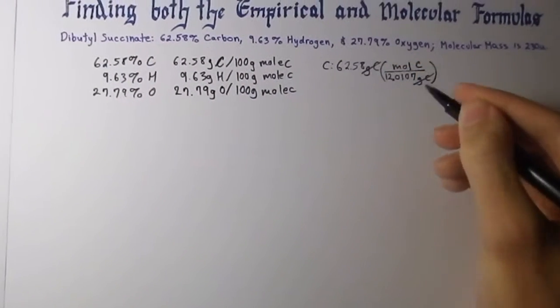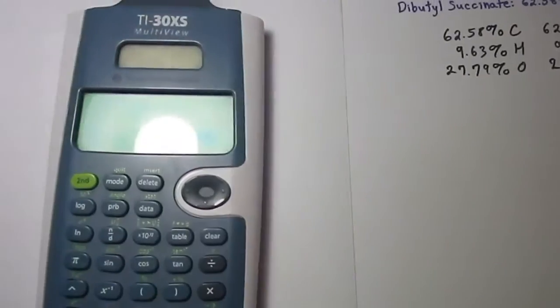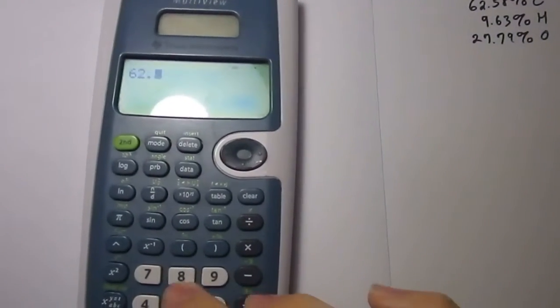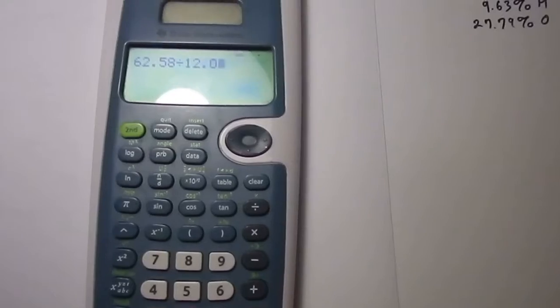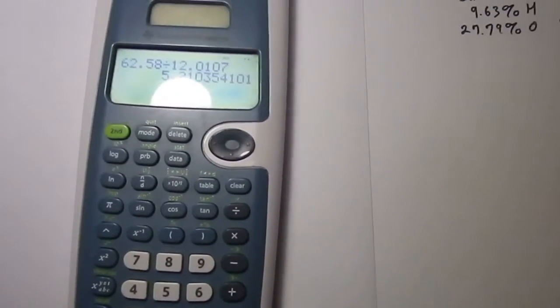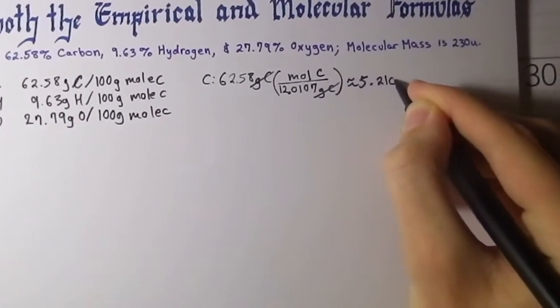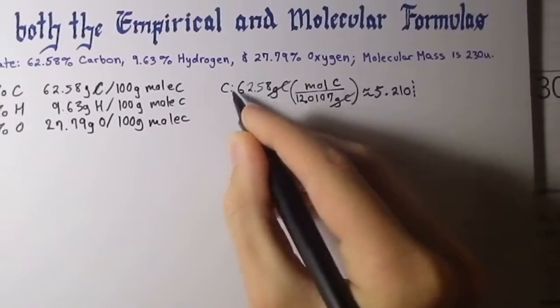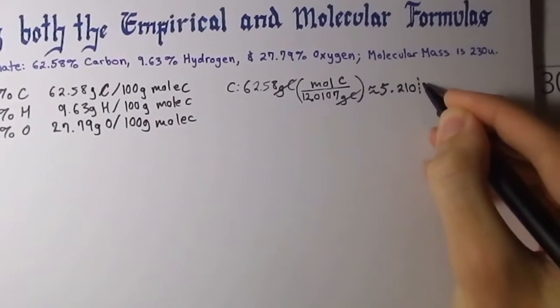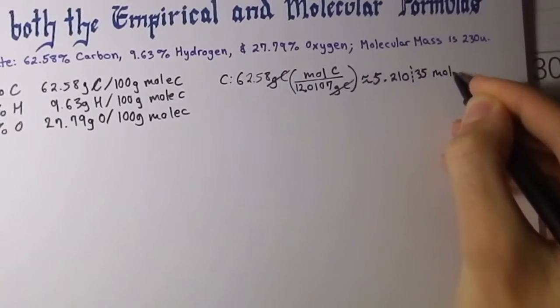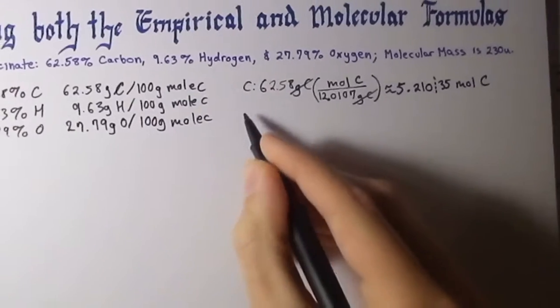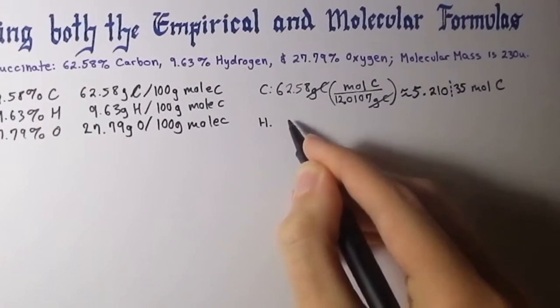The grams of carbon cancel out, and 62.58 divided by 12.0107 is about 5.210 significant figures, because there's 4 here and it's a division problem. 35 moles of carbon.